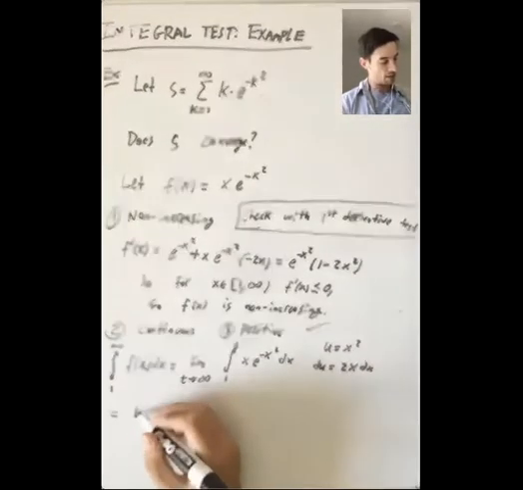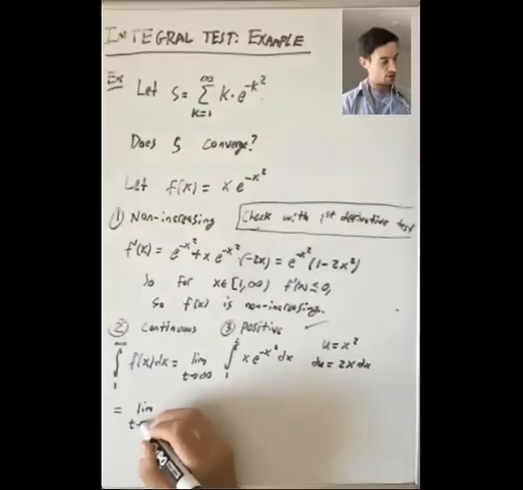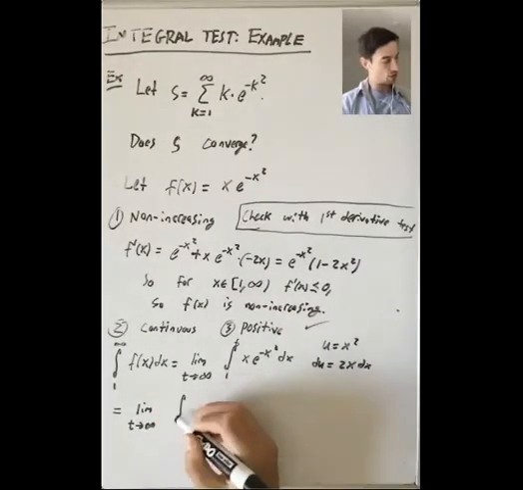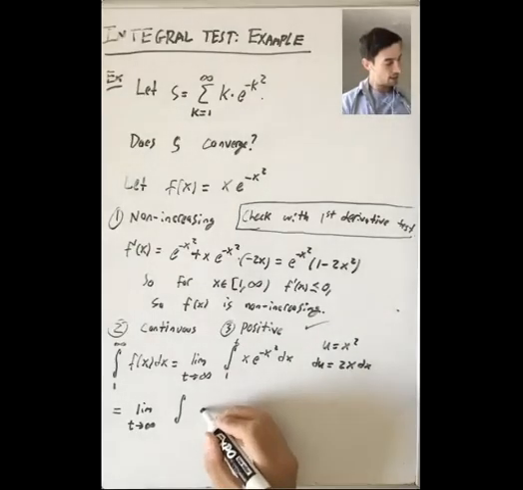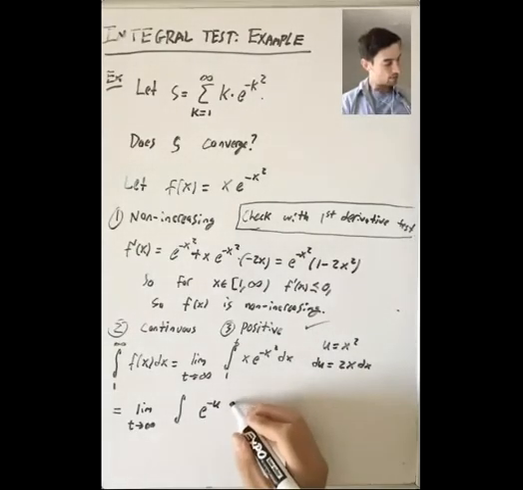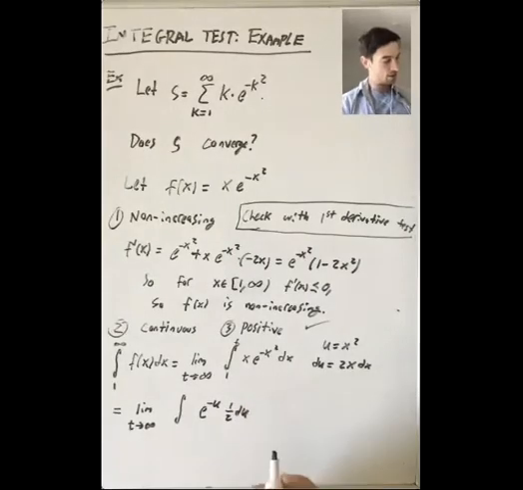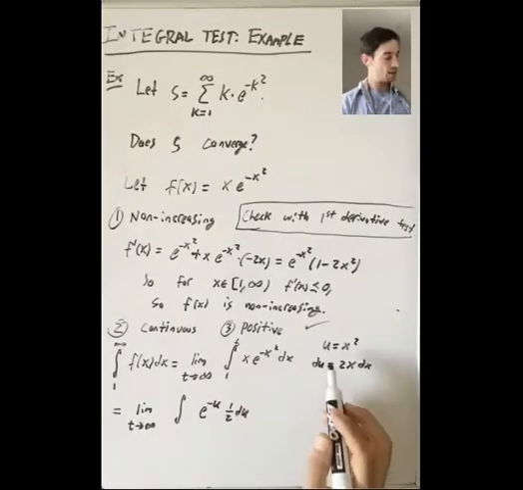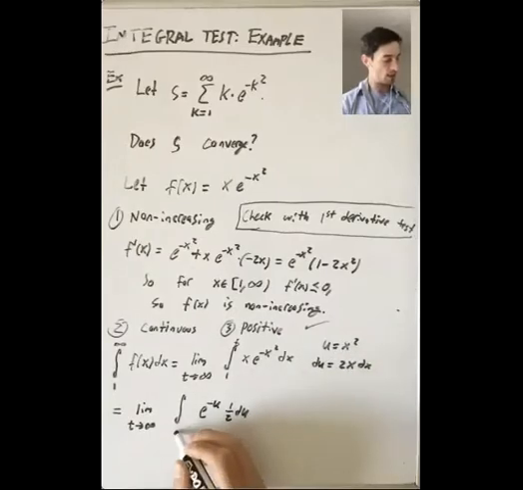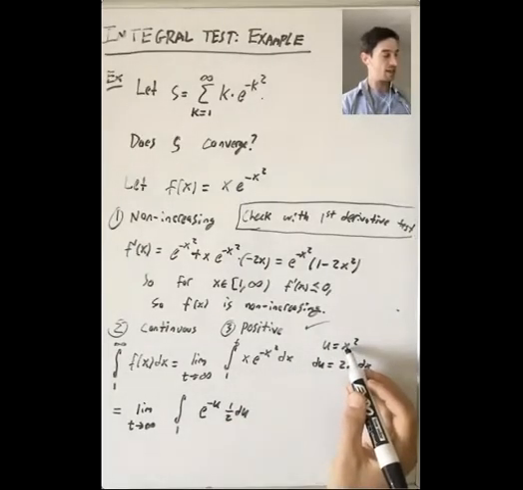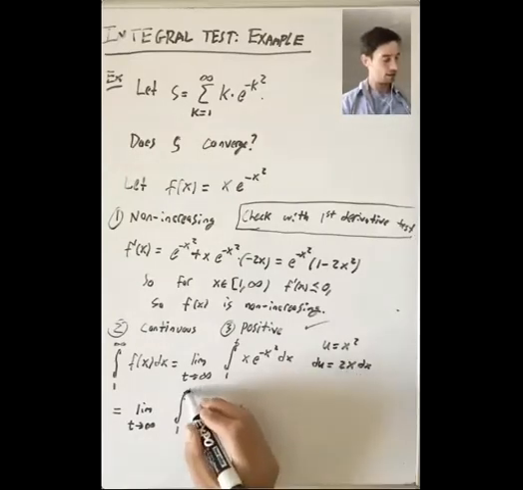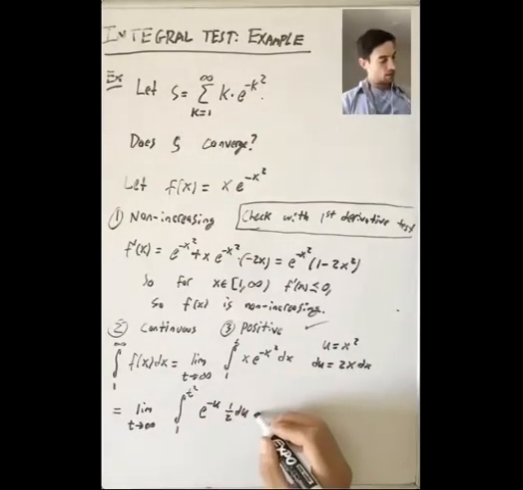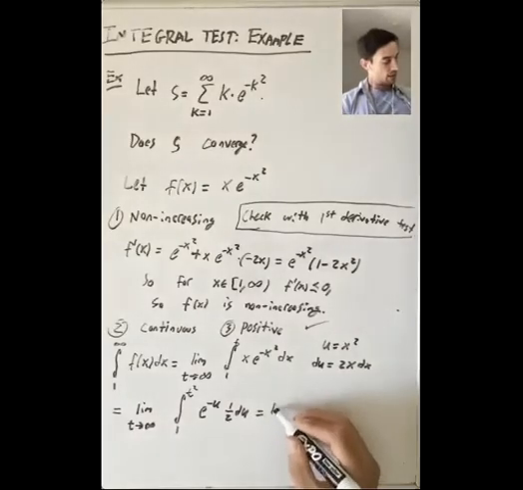So we have a limit as t goes to infinity of an integral. We're going to have to adjust endpoints, but we have e to the minus u times 1/2 du. Let's adjust the endpoints. When x is 1, u is also 1. And when x is t, u is t squared. So we get a limit as t goes to infinity.